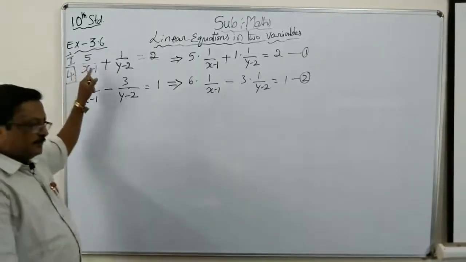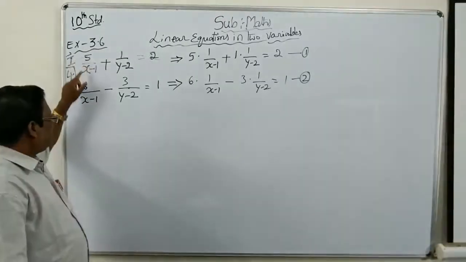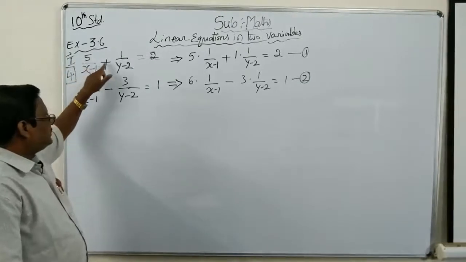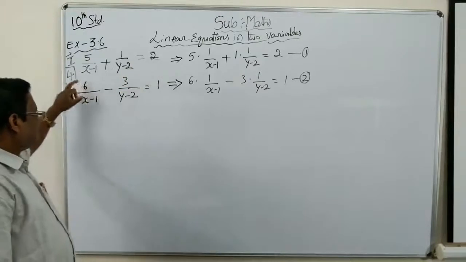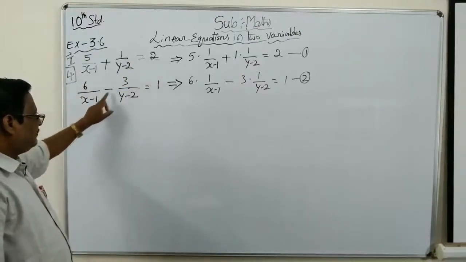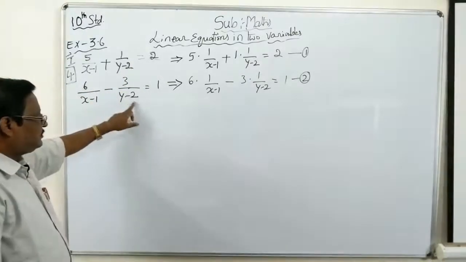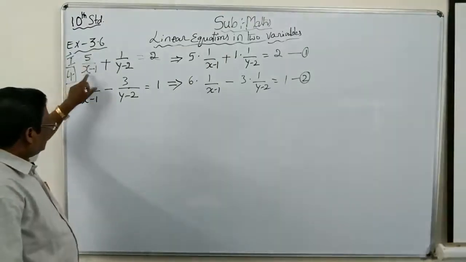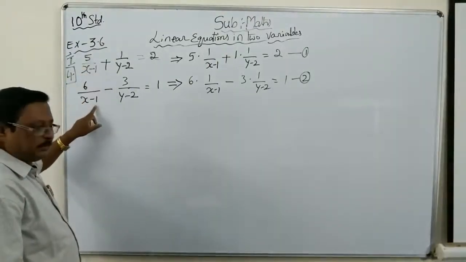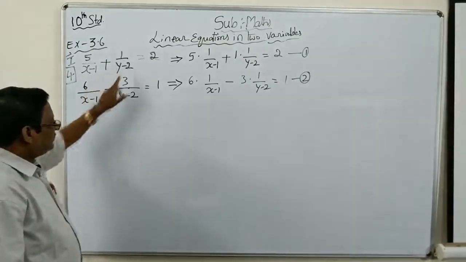Next, the fourth one: 5 by x minus 1 plus 1 by y minus 2 is equal to 2, and 6 by x minus 1 minus 3 by y minus 2 is equal to 1. Here you see x minus 1 in the denominator and y minus 2 in the denominator.